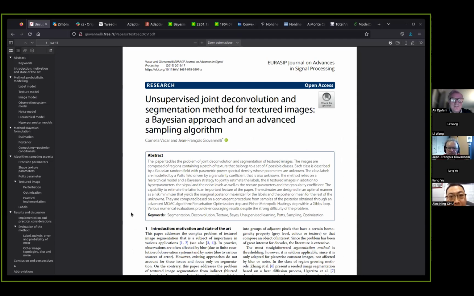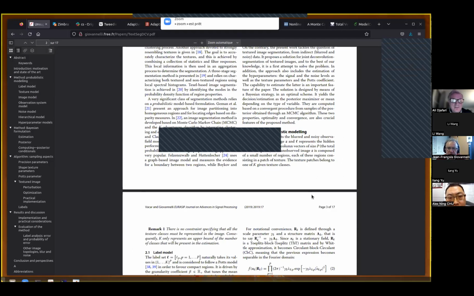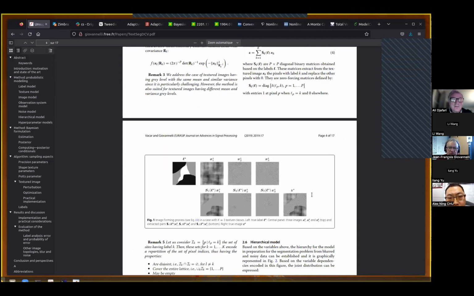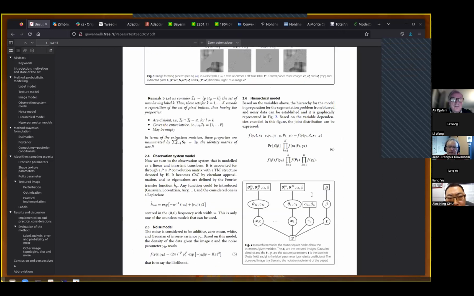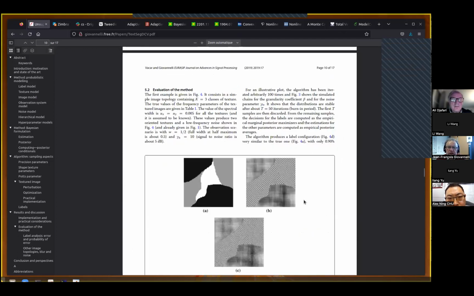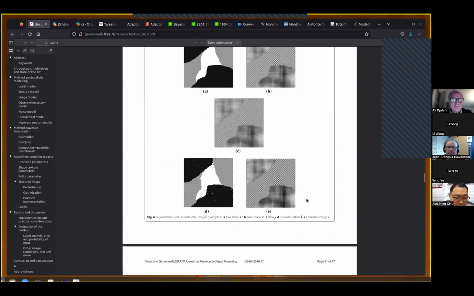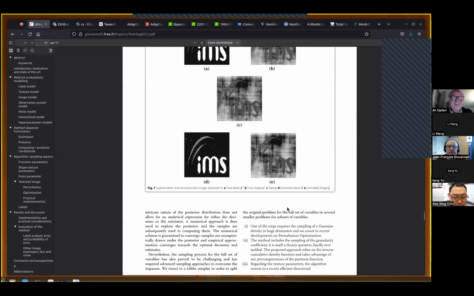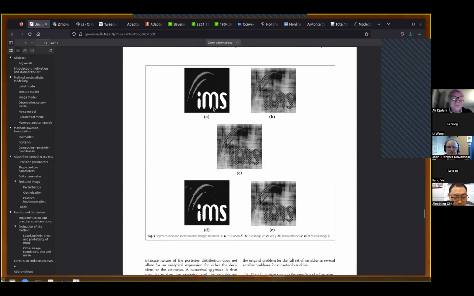This is the same idea as in my talk, but in the examples of this paper, we also have blur. In that example, this is the true label, the true patchwork, and this is the blurred and noisy image. Thanks to the fact that we jointly estimate the image and the label, we are able to sharpen the edges.